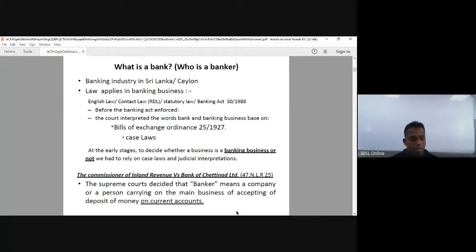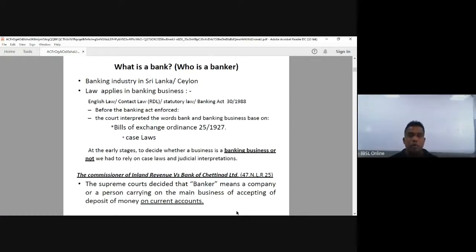That was their application. However, it was rejected by the Inland Revenue Department. The department said, though you have the word bank in your name, you are not a bank, you are just a finance company lending money. Therefore, we cannot consider you as a bank, and you are not entitled to the income tax concession.